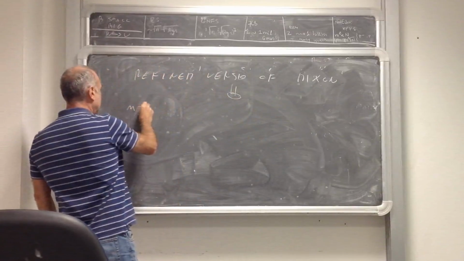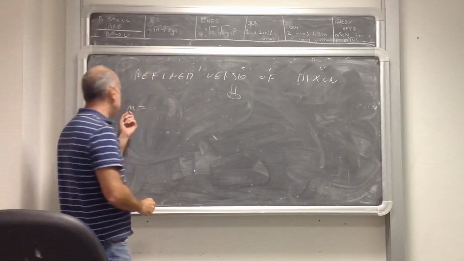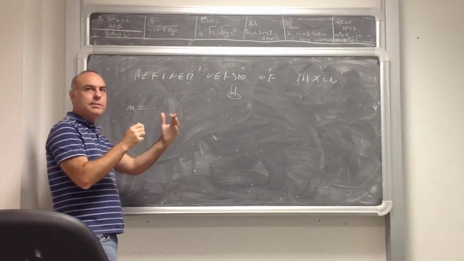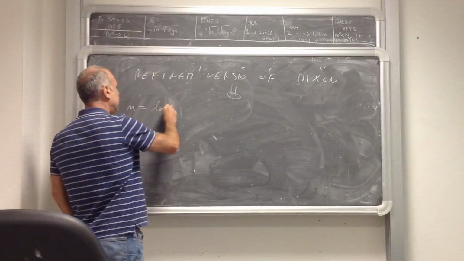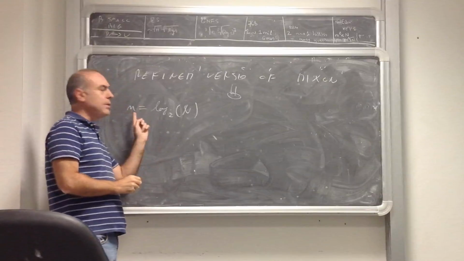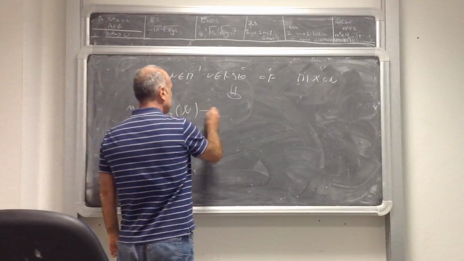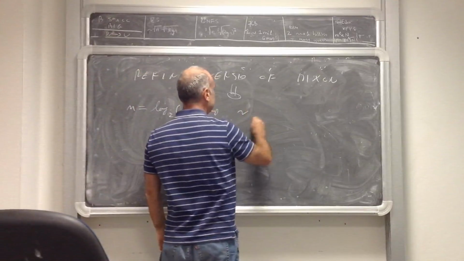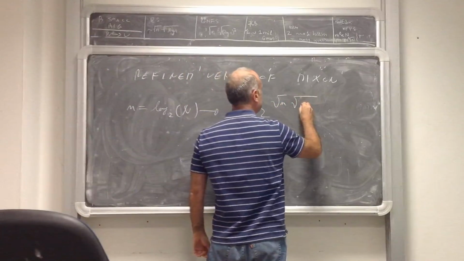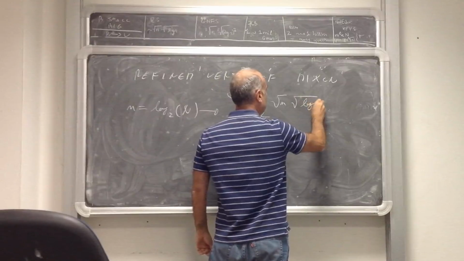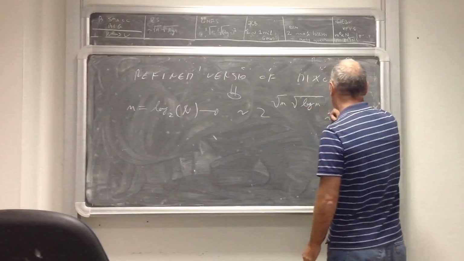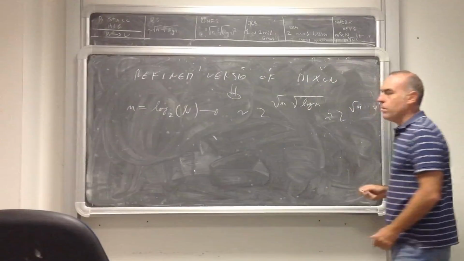So the security parameter n is the number of bits necessary to write N. So it's the logarithm base 2 of N. So our formula will be in this n. And the complexity here is something of the order of 2 to the square root of n times the square root of log n, which is basically 2 to the square root of n.